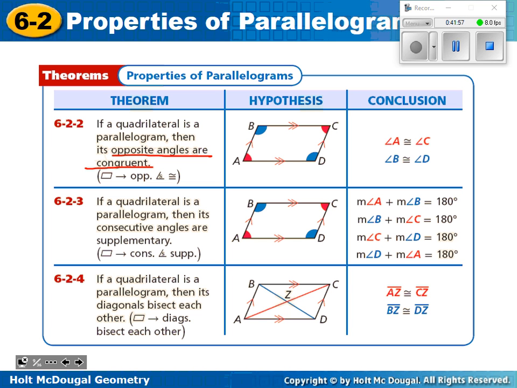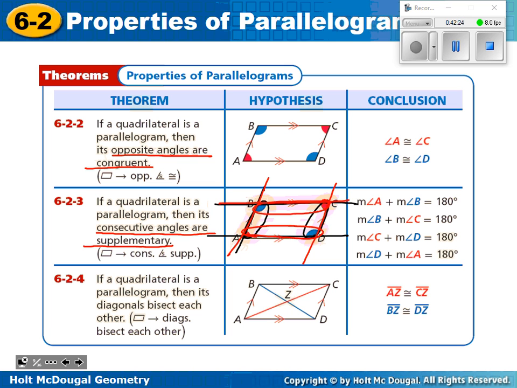In a parallelogram, the next property is consecutive angles will be supplementary. Think about that. If these two lines are parallel, what are these two consecutive angles called? Same side interior. And these two? And then if we switch gears and look at these two parallel lines, what are these two consecutive angles? And down here?